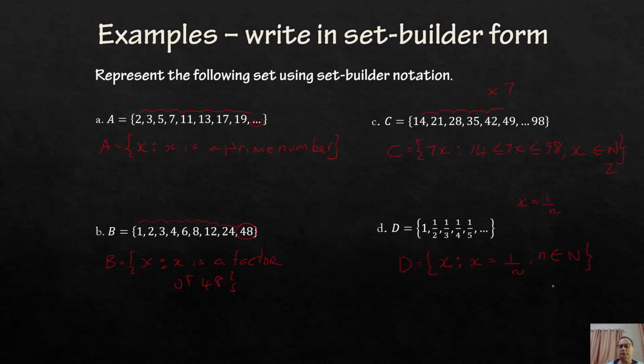So when n is 1, 1 on 1 will give you 1. When n is 2, 1 on 2 is a half. When n is 3, 1 on 3, okay? You won't see this kind of question very often. I won't give too many like this because it's really not that simple, okay?